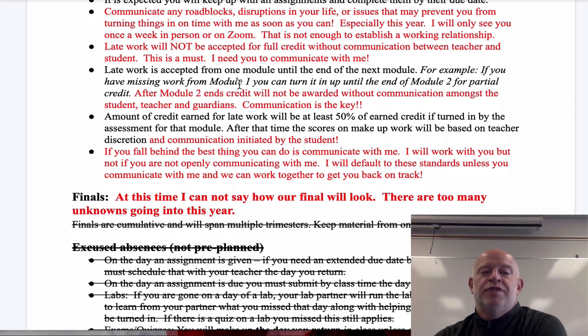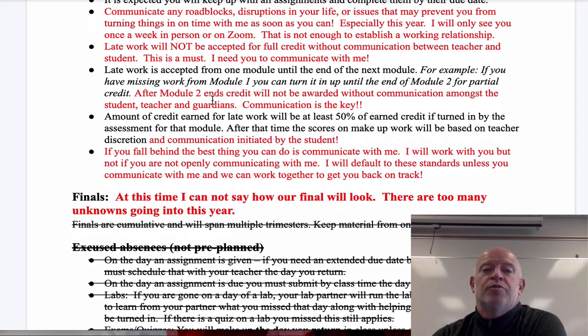If you do not get something turned in during module 1, module 2 comes and goes, and we're now on to module 3, that assignment's done. It's gone. We're not going to play the game of catch up the entire trimester. One thing to be ready for: this is an honors level course. So we are going to hold you to a higher expectation in terms of completion of work and the amount of time you're going to spend on the course than you would for a non-honors or AP level course.